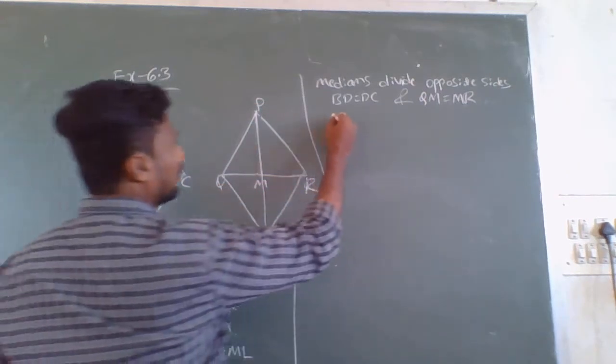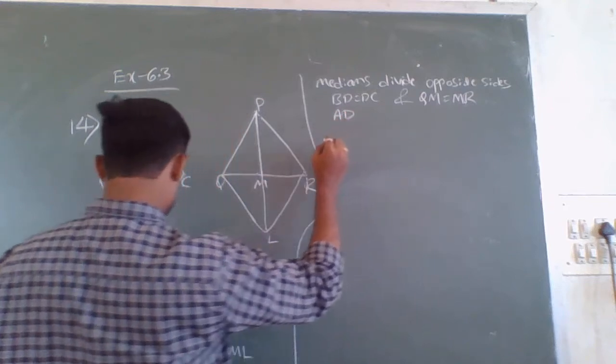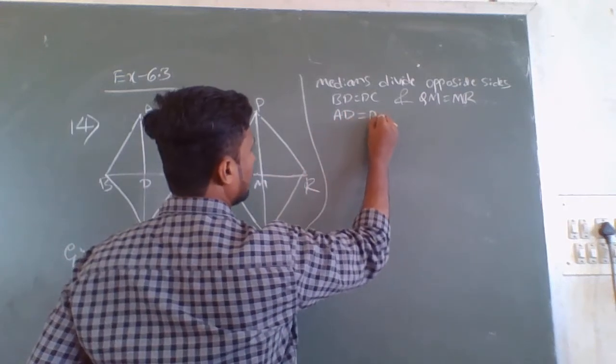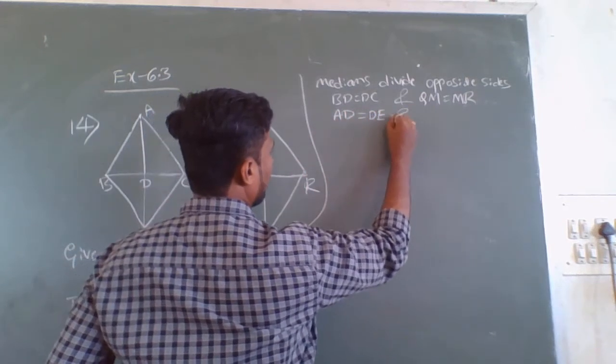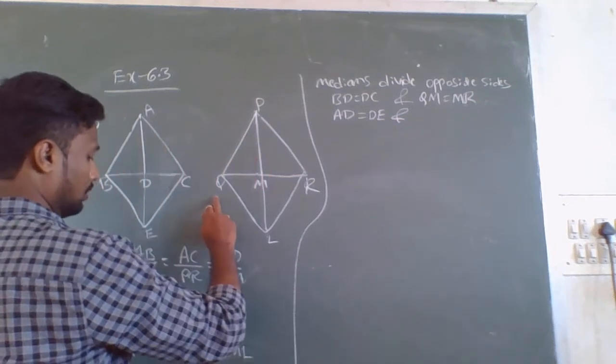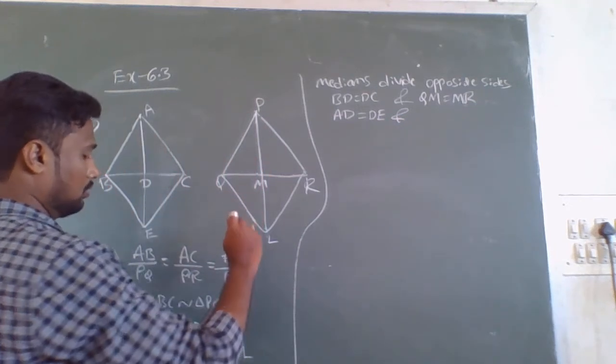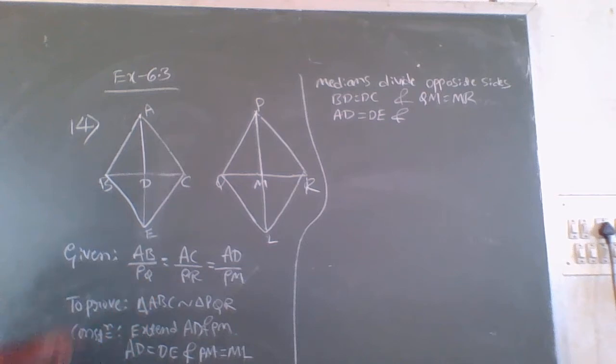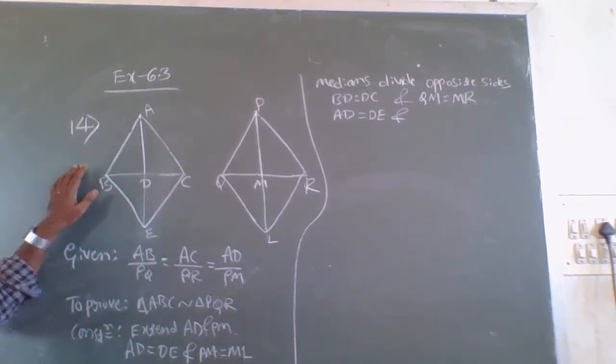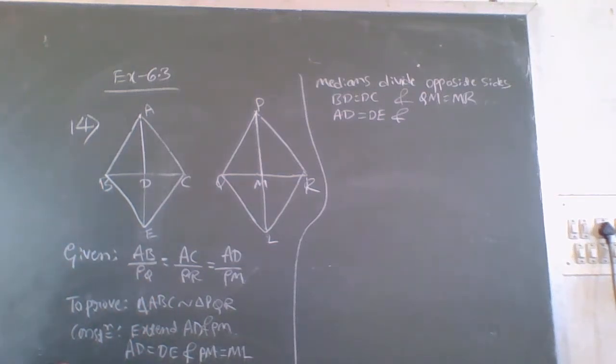Here I will write AD is equal to DE, and QM is equal to MR, because medians divide opposite sides. Now I will write AD is equal to DE by construction.